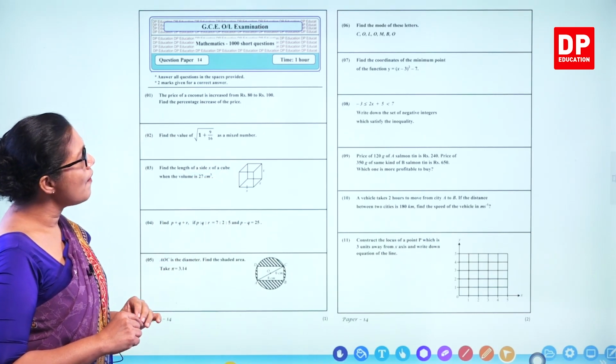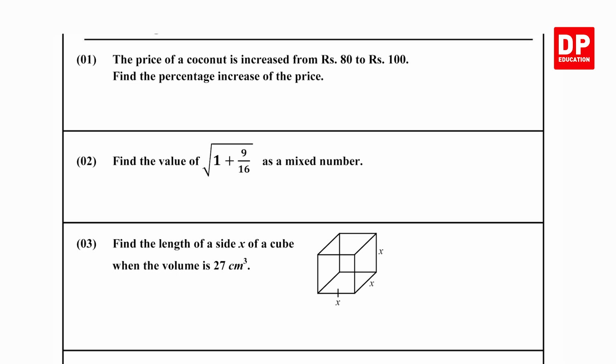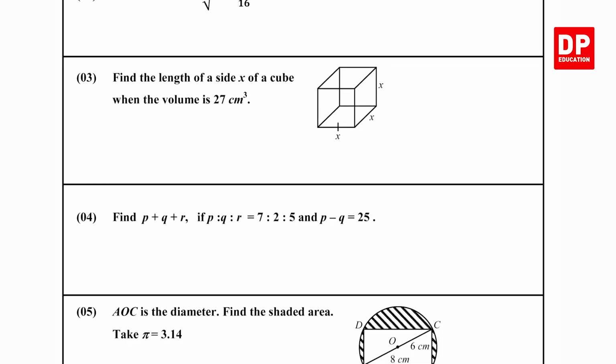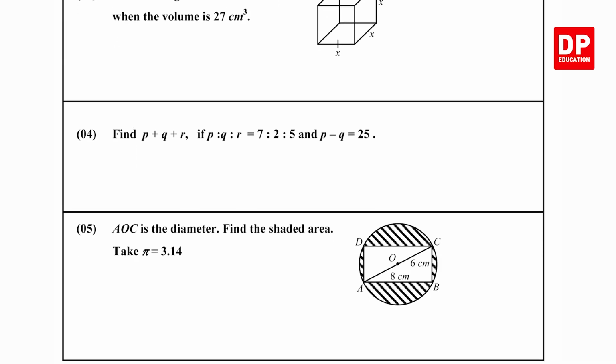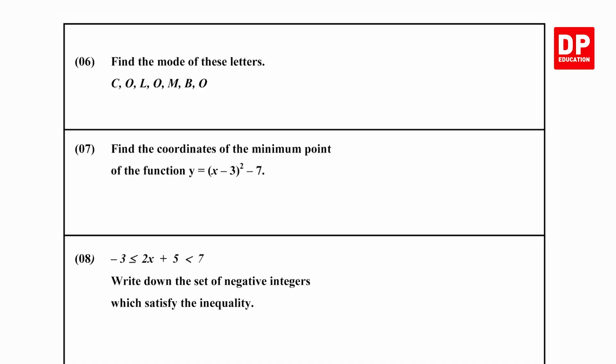in the space provided. On the first page, you get questions 1 to 5. On the second page, you get question numbers 6 to 11.